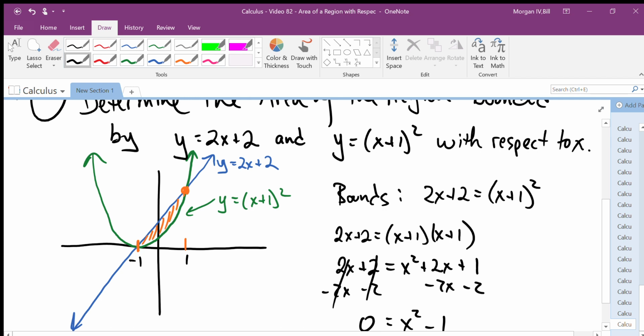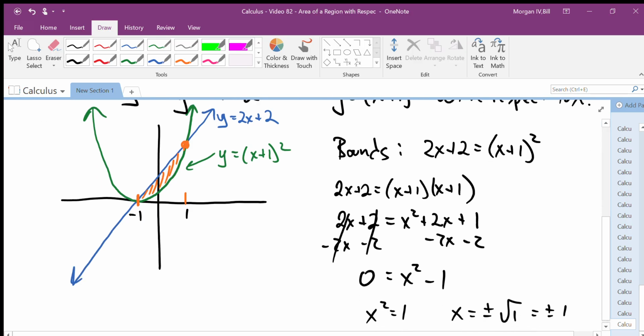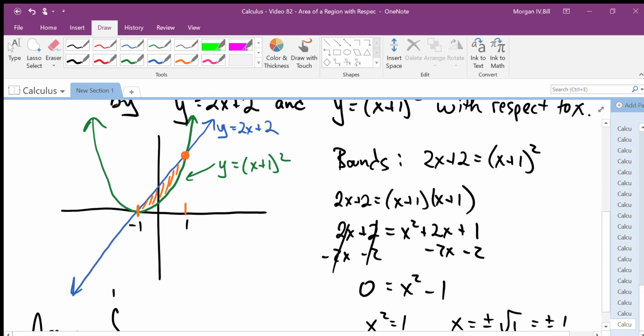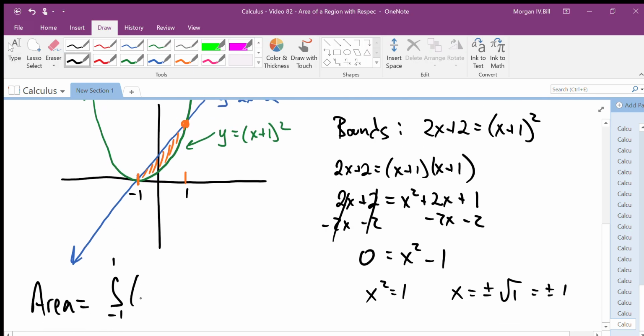To find the area, it'll be the top curve minus the bottom curve, the integral of that from negative 1 to 1 dx. Area is equal to the integral from negative 1 to 1, top curve, 2x plus 2, minus bottom curve, (x plus 1) squared dx.